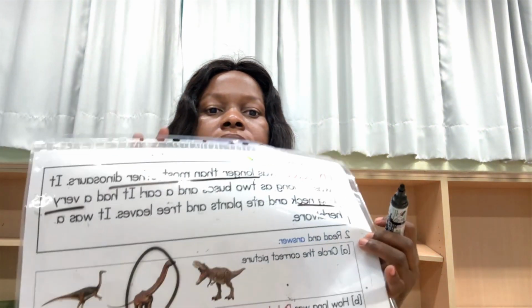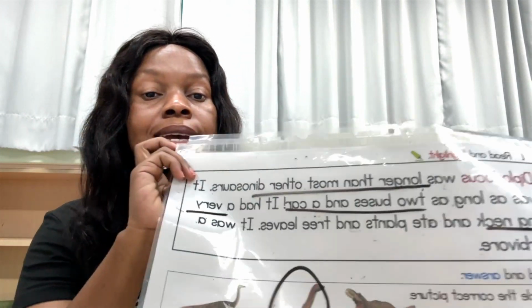They can highlight, longer than most dinosaurs, and it has a very long neck. And something else they can also say, it's as long as 2 buses and a car.